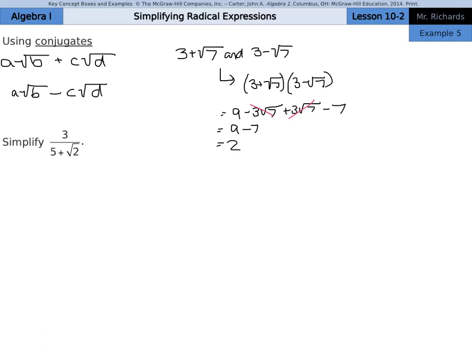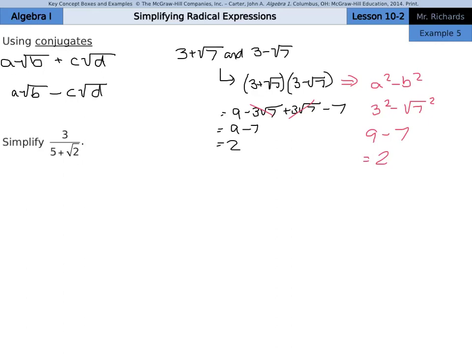Now, this also follows one of our rules here of a squared minus b squared. So that I have 3 squared minus the square root of 7 squared, which is 9 minus 7, which is also 2. And we can use that when we simplify something like 3 divided by 5 plus the square root of 2.